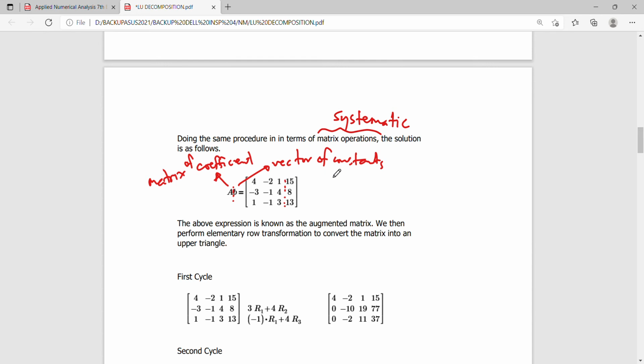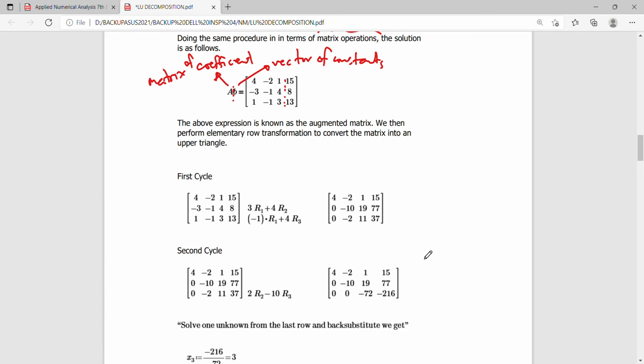So the above expression is now known as the augmented matrix, and we then perform the elementary row transformation or operation to convert the matrix into an upper triangular system. So the first cycle is the same as what we have done a while ago.